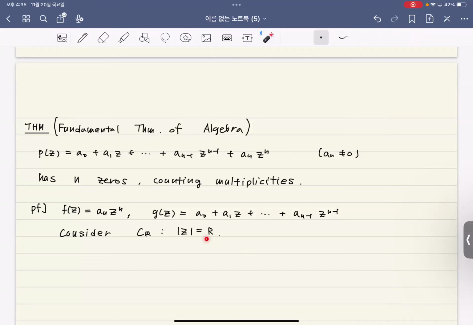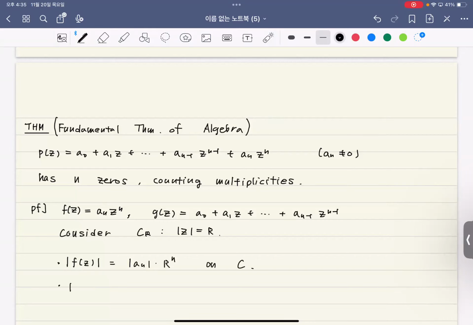And if r is large enough, then the modulus of f of z should be greater than the modulus of g of z. But how large? This is an interesting question. We'll need to figure out. So the modulus of f of z on this circle is just a_n times r to the n.